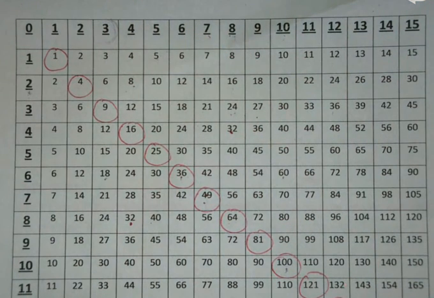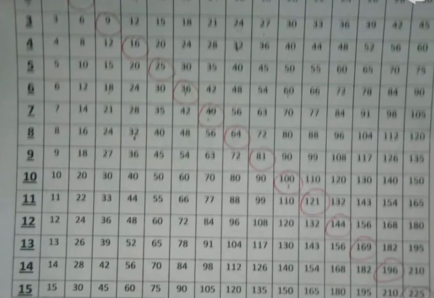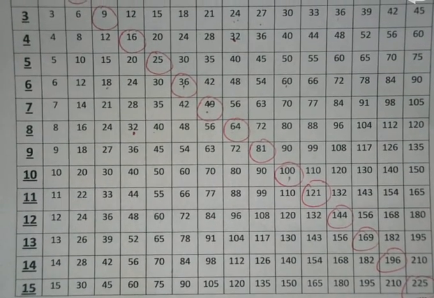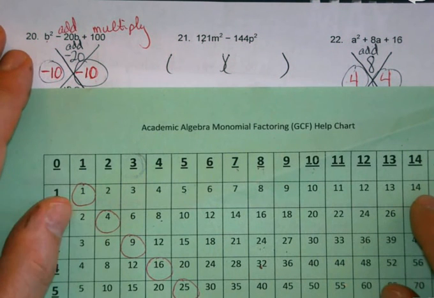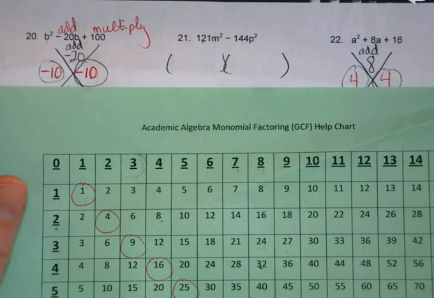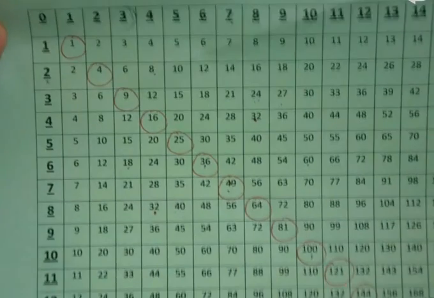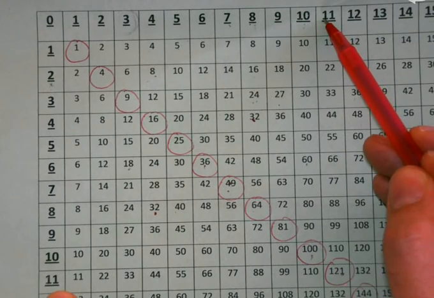So all the numbers that go down throughout this entire diagonal, I'll bring this up so you can see them all the way down, are the numbers you'd use on a problem like this. Because if you look, it says 121 and 144. Well, okay, what do you times by itself to get 121 if you look in the chart? 11, because there's the 121, and it's 11 and 11.